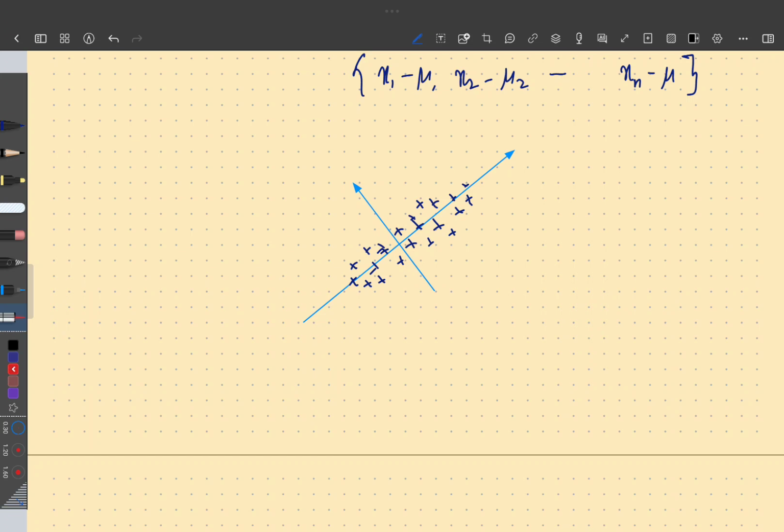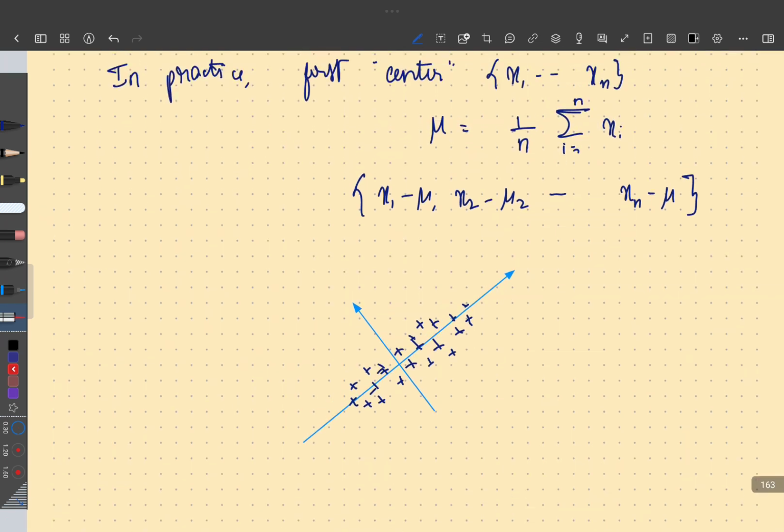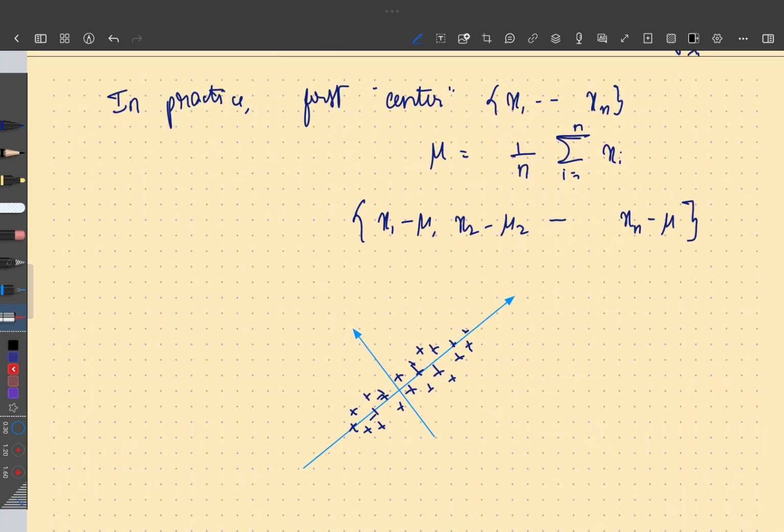But you also see that along this direction, the variation in the data is more compared to what is happening along this other subspace. So once you center things, this is the subspace that has the largest variance. That's the interpretation. And in practice, this seems to work very well.